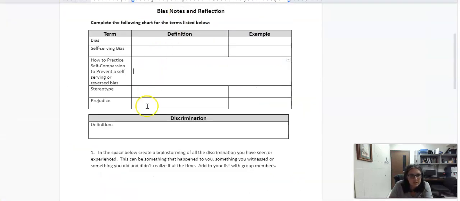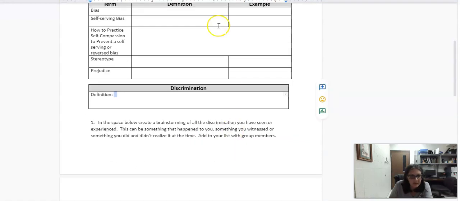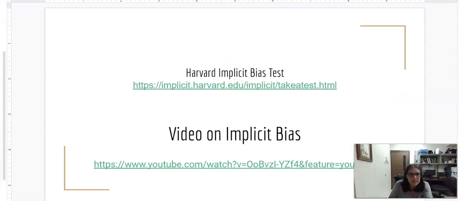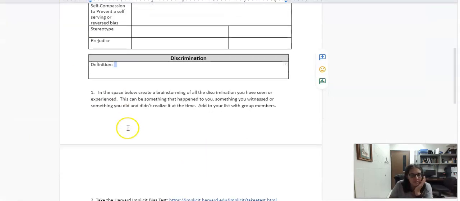So for discrimination, you can put that bare definition in there, and there's more room for that. Okay, and then the next part is this first number 1. It says, in the space below, create a brainstorm of all the discrimination you've seen or experienced. This can be something that happened to you, something you witnessed, or something you didn't realize at the time.